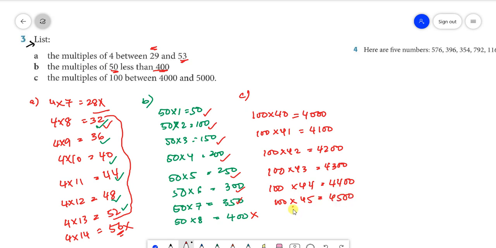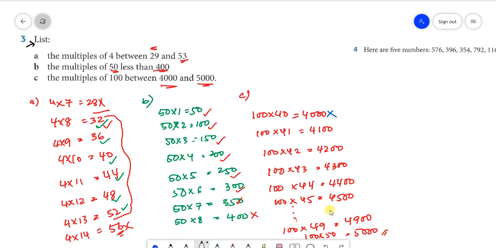4,500, and in this way we can continue till 100 times 49 is equal to 4,900. So the question asks for the multiples of 100 between 4,000 and 5,000. So we won't take this, as well as the last step, 100 times 50 is equal to 5,000.